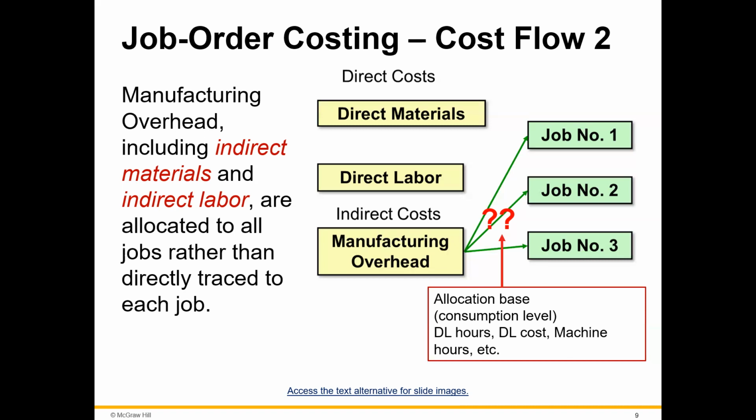That means the more direct labor hours required by a job, the more manufacturing overhead will be incurred for that job as well. For example, depreciation, utilities, or supervisors' salary and benefits.